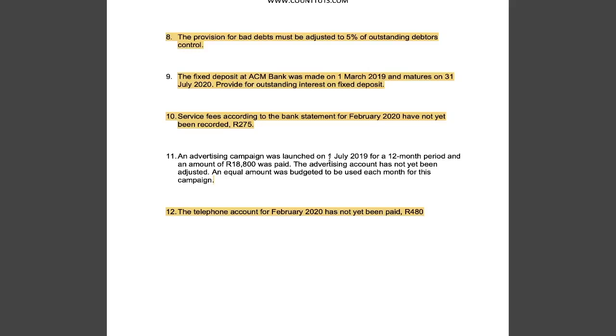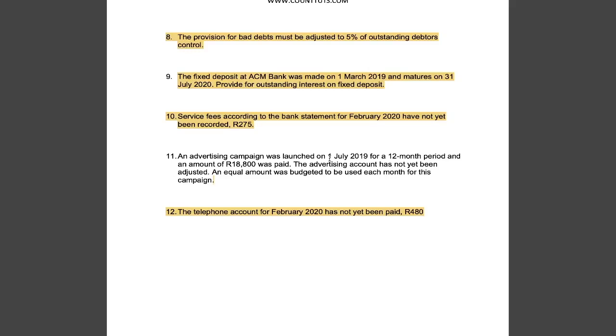So we need to calculate how many months fall out of our financial period. So it's from the 1st of March, the end of March, and then April, May, and June. We have paid for 4 extra months after our financial period ends. So we know that our income statement will only record the one which belongs to this financial period. So we need to take that into account.